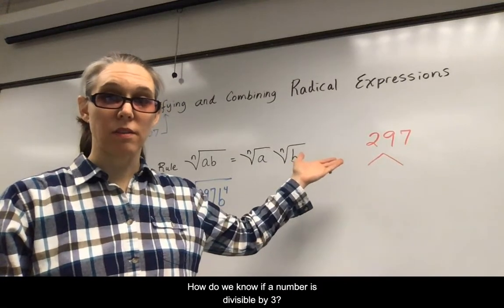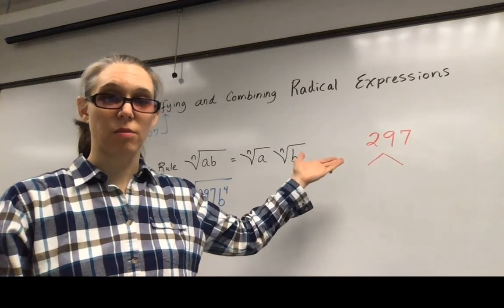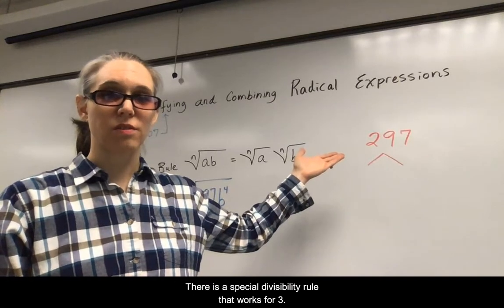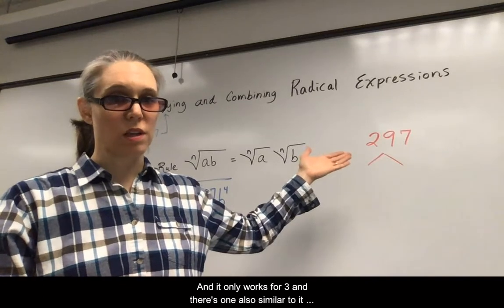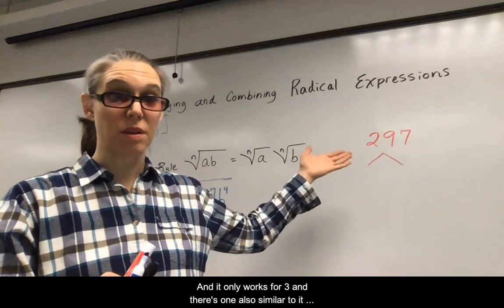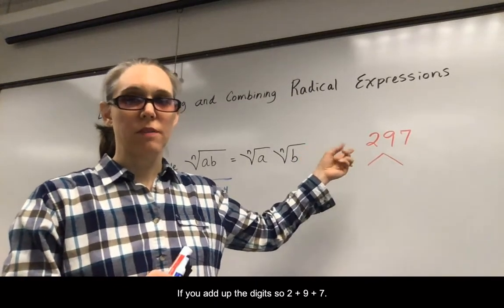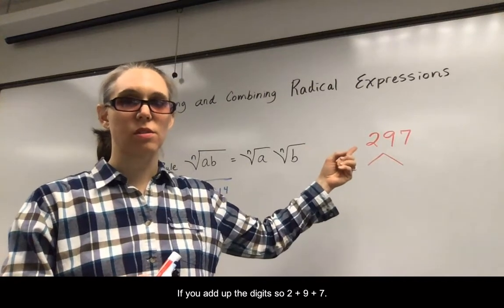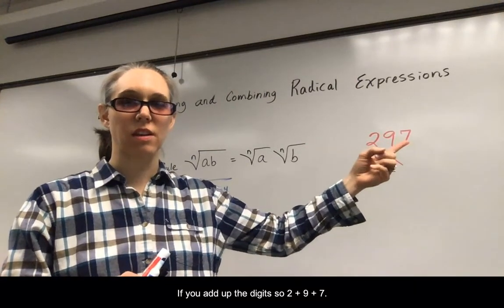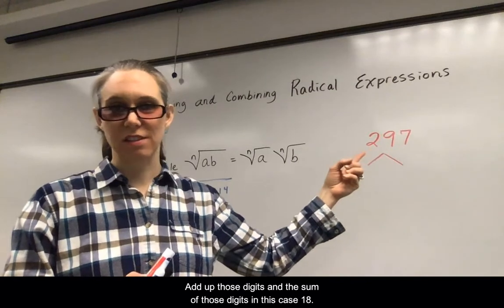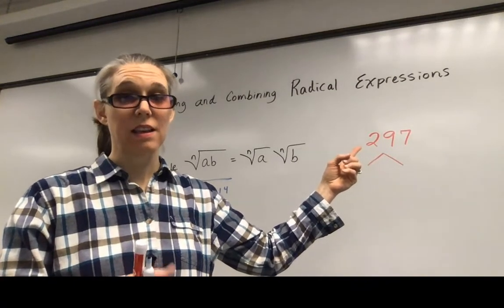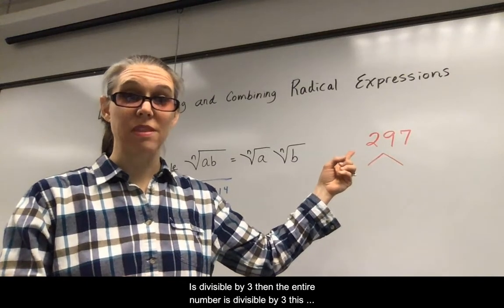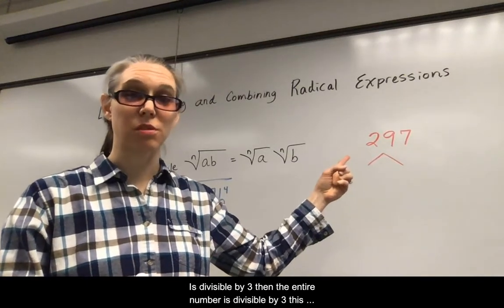How do we know if a number is divisible by 3? There is a special divisibility rule that works for 3, and there's one also similar to it that works for 9. If you add up the digits, so 2 plus 9 plus 7, and the sum of those digits, in this case 18, is divisible by 3, then the entire number is divisible by 3.